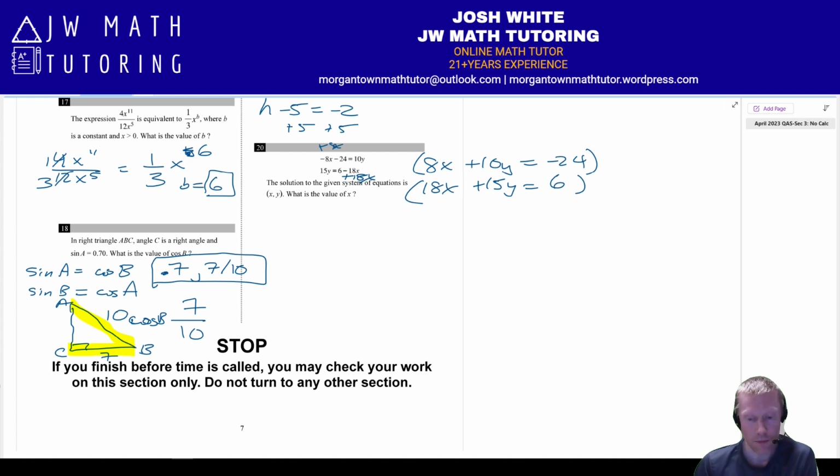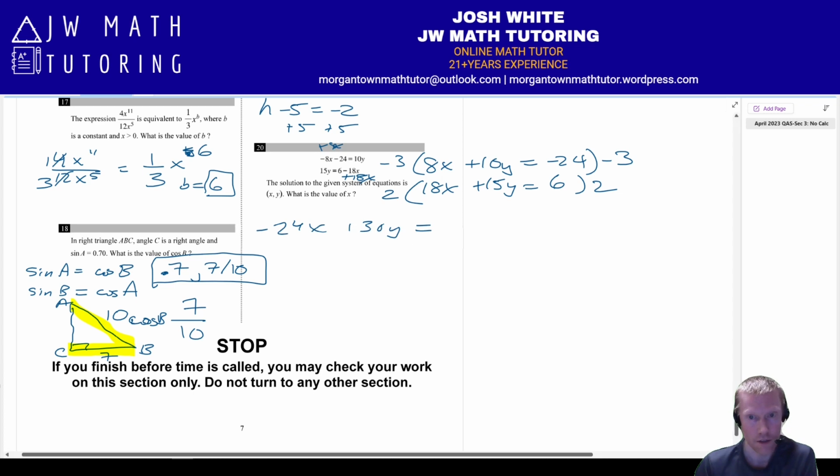All right, so I'm going to make the y coefficients into opposite values. I'm going to multiply the top by -3 and the bottom by +2 on both sides. And that's going to give me -24x minus 30y, because I'm multiplying by -3, equals 72. Again, this is the process of elimination that I am going through right now.